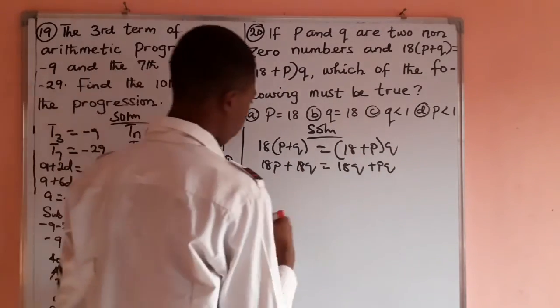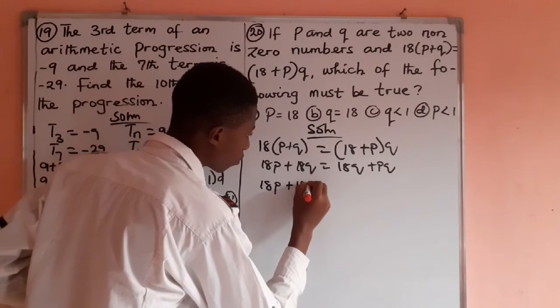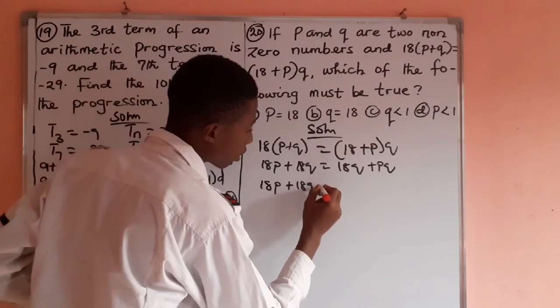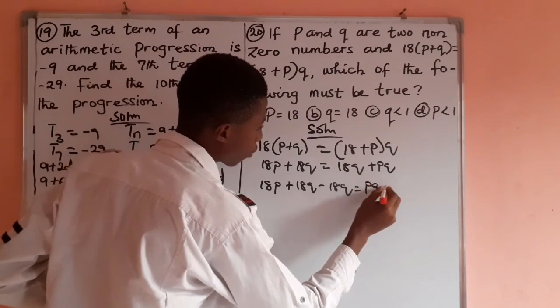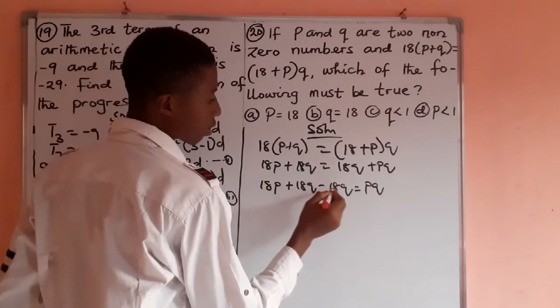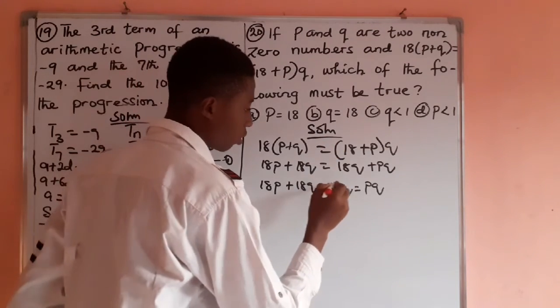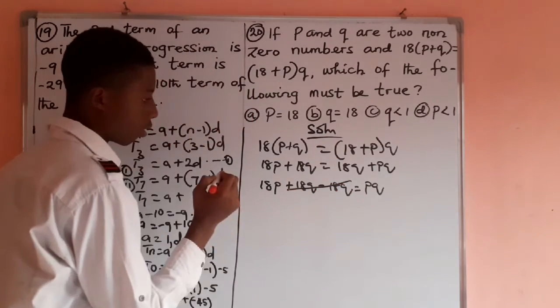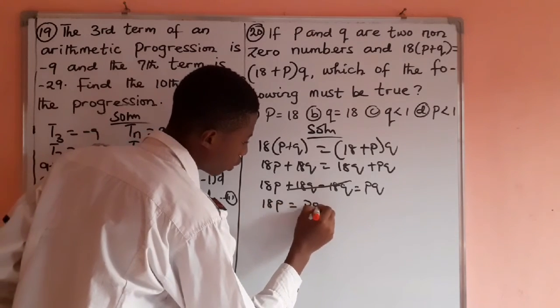Let's collect like terms, meaning that 18Q coming to this side will give you minus 18Q. Plus 18Q and minus 18Q, since they are exactly the same, will give you 0. So they cancel each other out, leaving you with 18P is equals to PQ.